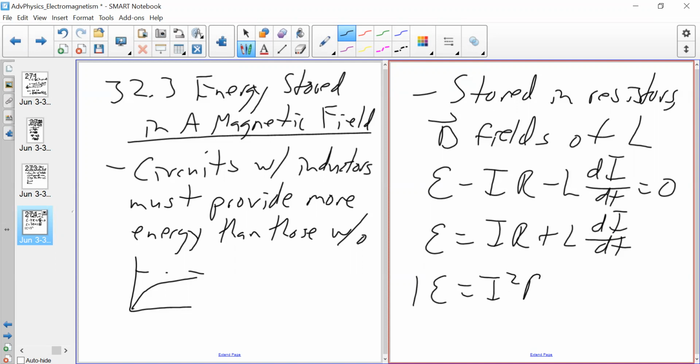So I squared R, Li di dt. These are all power terms. This is the power in the battery, the power in the resistor, the power in the inductor.